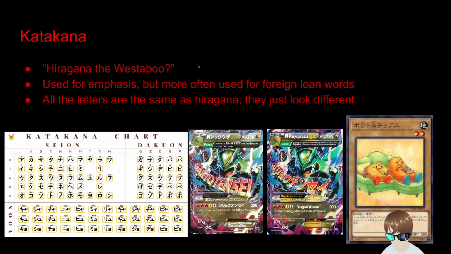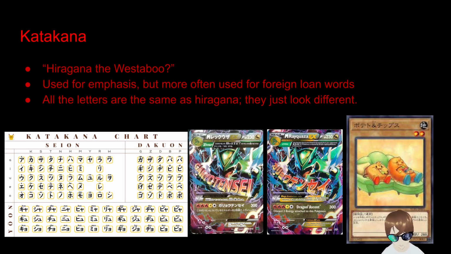You also use it for emphasis. I somehow magically picked up one of the Pokemon cards off the internet, a Mega EX, that perfectly gives an example for this. Because Garyo Tensei is not an English word, clearly. That's clearly a Japanese word, but they still kept it in katakana, which means that this was written for emphasis.